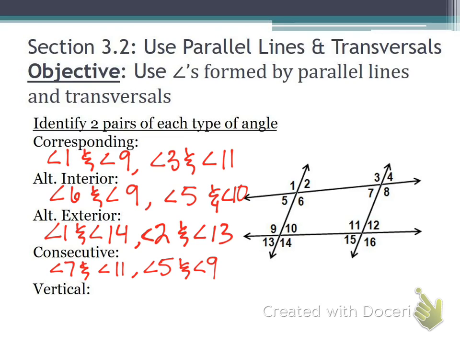All right, last up is vertical. This was not something we learned yesterday, but we have talked about it, so we should be able to identify vertical angles. Kobe, what do you think for vertical angles? 1 and 6. Good. Angles 1 and 6 are vertical.